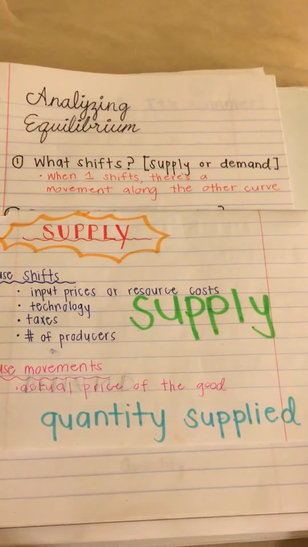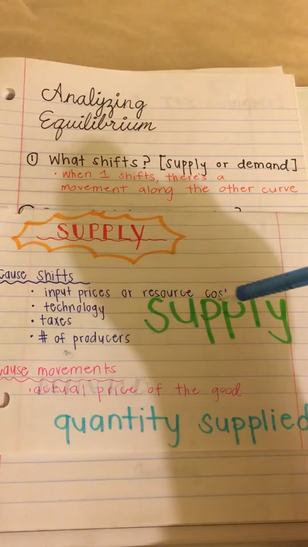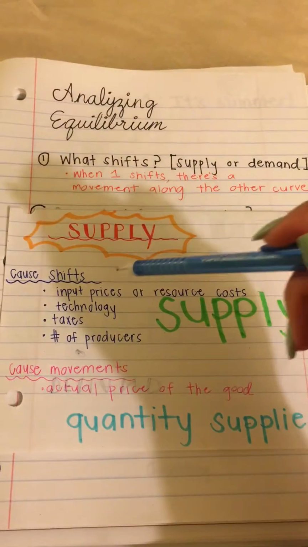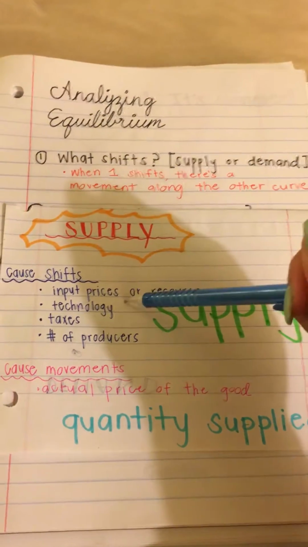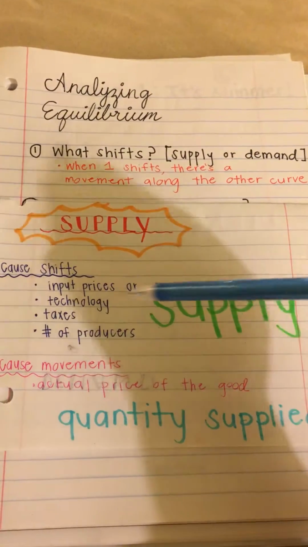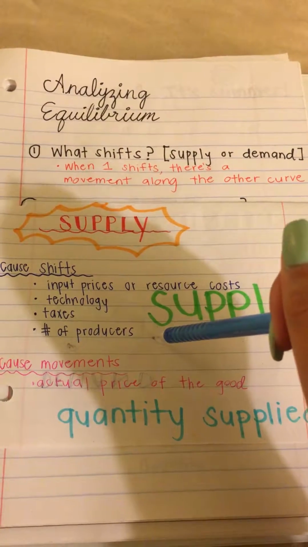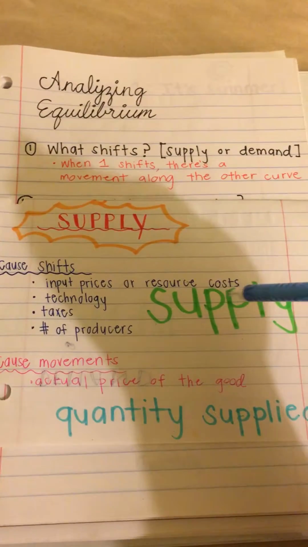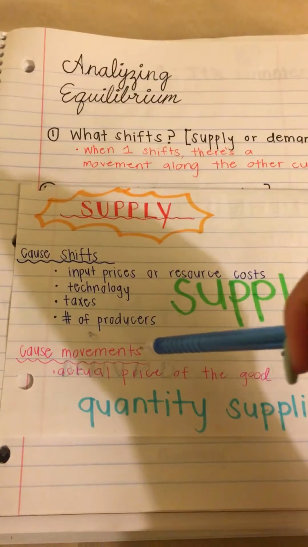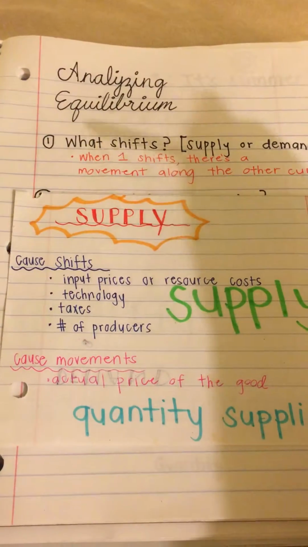Here's supply. Input prices or resource costs cause a shift in supply, as well as technology, taxes, and number of producers. Shifts go with supply. Movements.